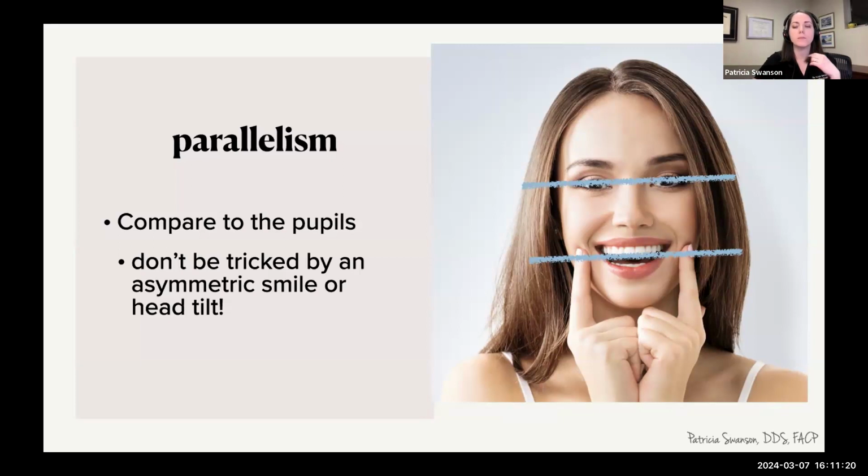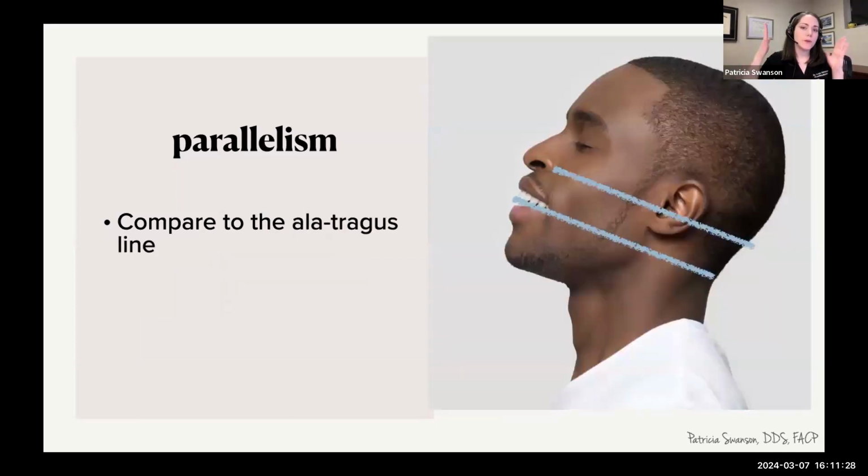And that is what's going to look the most natural as the patient is speaking and just going about their daily life. In terms of the side profile view, there's another line that we want to stay parallel to, and that's the ala-tragus line. So that goes from the ala of the nose to the tragus of the ear. And some people will say, is it the top of the tragus?